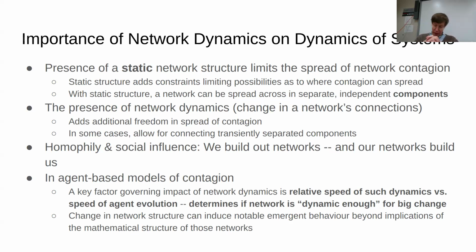And static structures are rather common as representations of networks in agent-based modeling. But we need to bear in mind that relational attributes, just like other attributes of a person, for example, their infection status or aspects of their beliefs or aspects of their vaccination status, are things that can evolve, and we can have evolving connections.